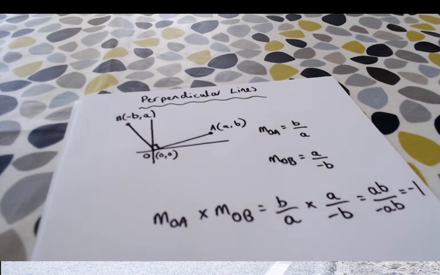Which leads us on to a very important thing. If we have perpendicular lines, their gradients will multiply together to make minus 1.